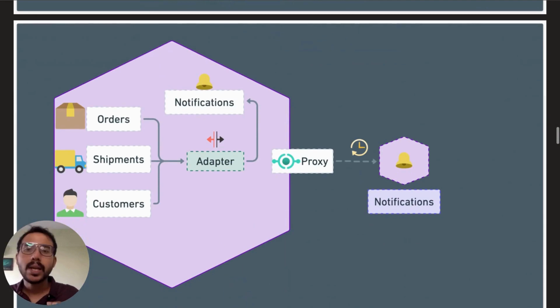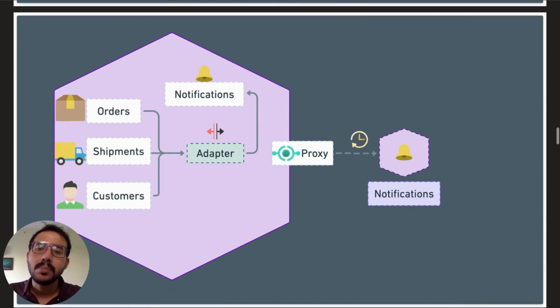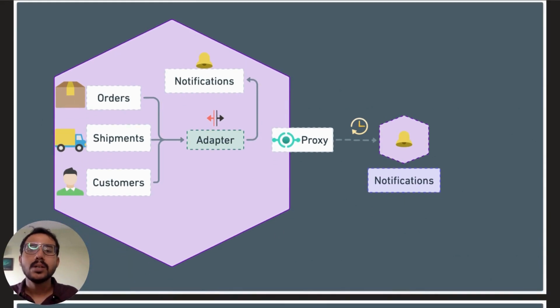So, what do we do? We start by inserting an adapter in front of the code we want to replace. In this case, the notifications. Think of it as a middleman. So, anytime someone tries to use the old code, it gets rerouted through this adapter. Meanwhile, we are working on building the new implementation alongside the old one.